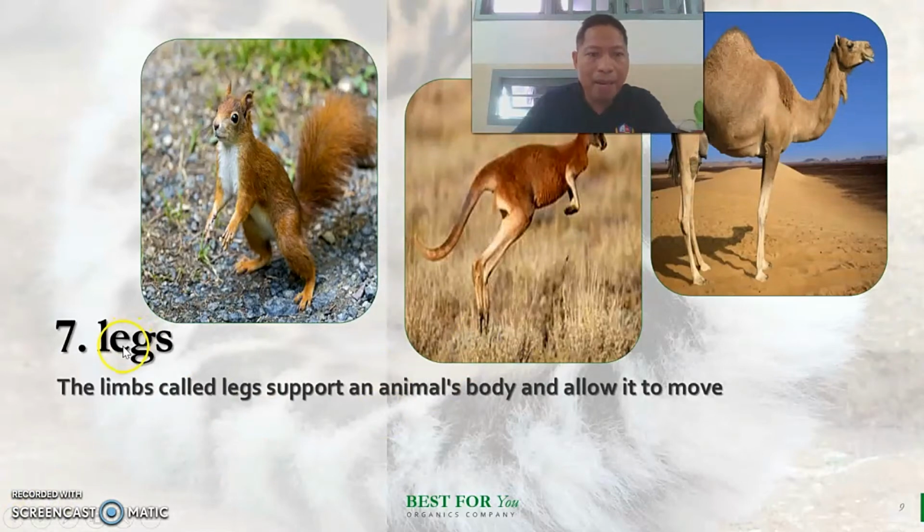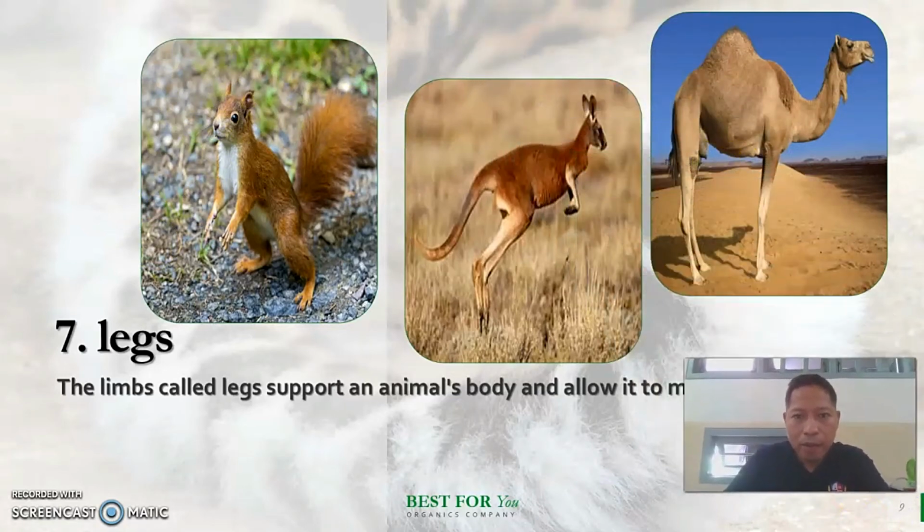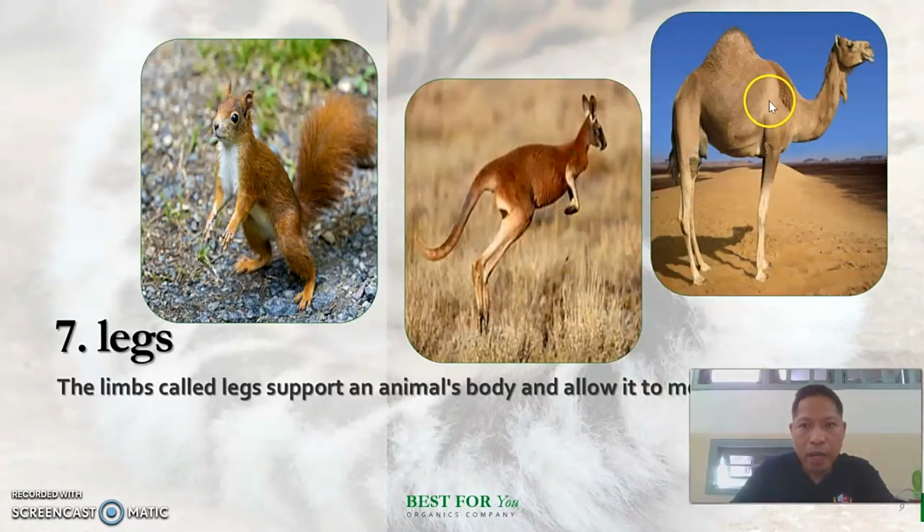Next, we have legs. A limb called leg supports an animal's body and allows it to move. Here we have pictures of a squirrel, kangaroo, and camel.